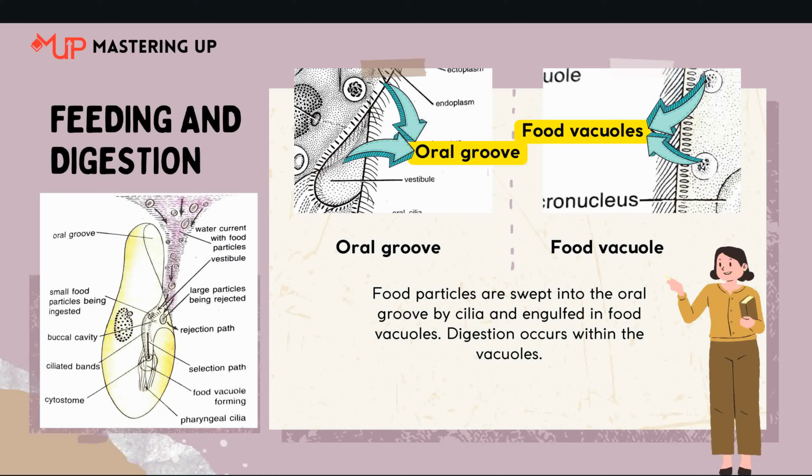You can see the food vacuole formation. And then in the image showing food vacuoles, you can see two spherical structures with some particles inside them. These are the food vacuoles.